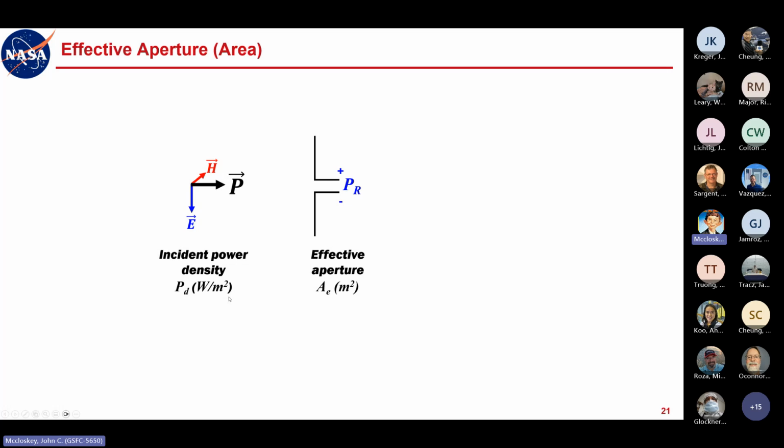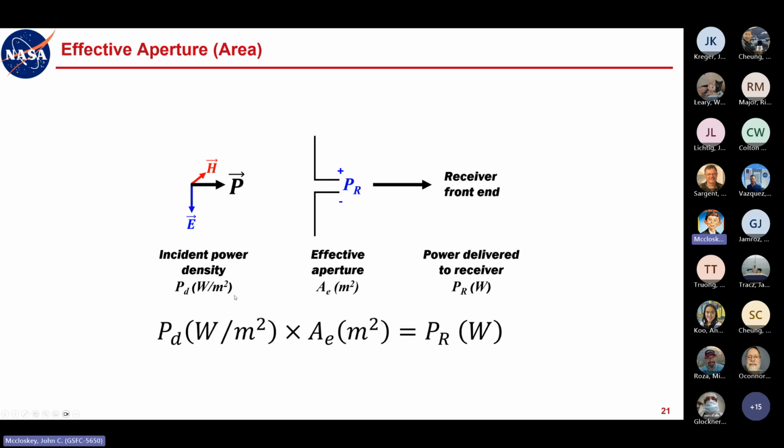Your effective aperture is typically expressed in square meters, could be square centimeters or what have you, but typically the square of some dimension. That incident power density is multiplied by the effective aperture, so your watts per square meter times your effective aperture in square meters gives you the total received power delivered to your receiver or amplifier, your downstream circuitry.